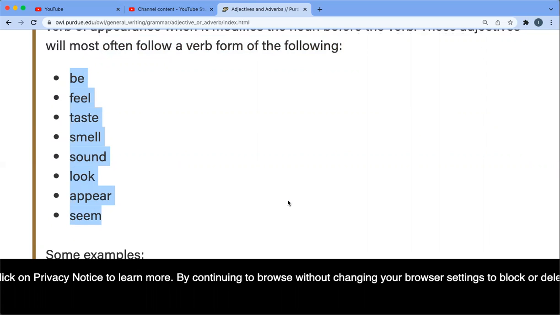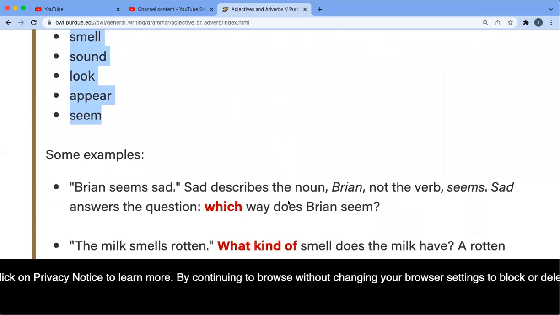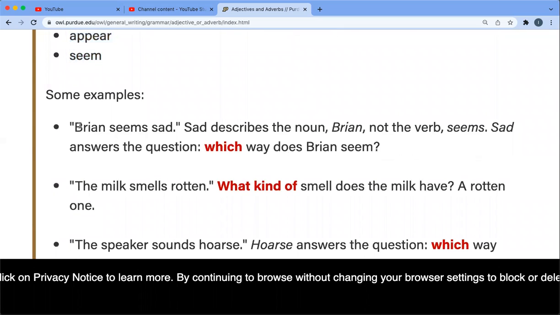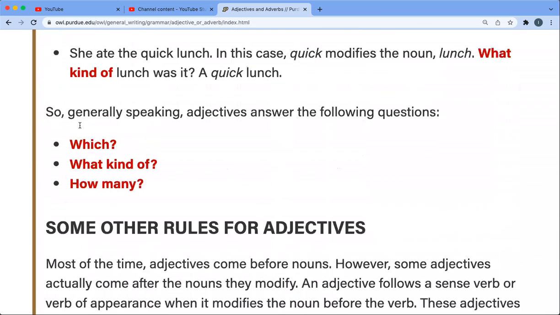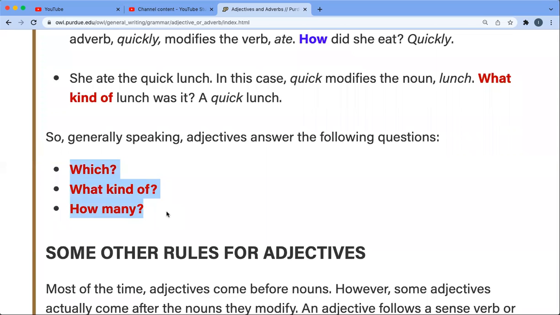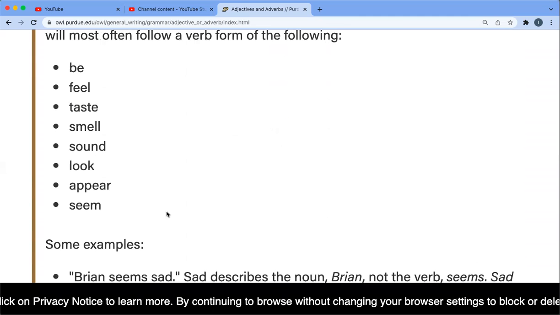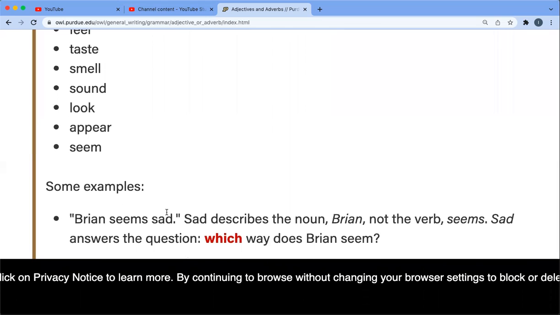So if I say, how is she? You can say she's good, for example. How does she feel? She feels excellent. You can use adjectives. Going back to those questions that we discussed, you can say what kind of, how many, and which. And then after these verbs, we use the adjectives.